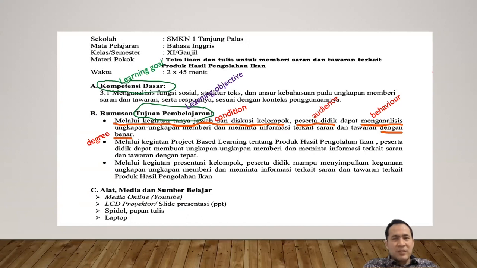Peserta didik is the audience, menganalisis is the behavior. Try to see, does menganalisis belong to low order thinking or high order thinking skill? Just look at it in the Bloom taxonomy, right? And then dengan benar is the degree.